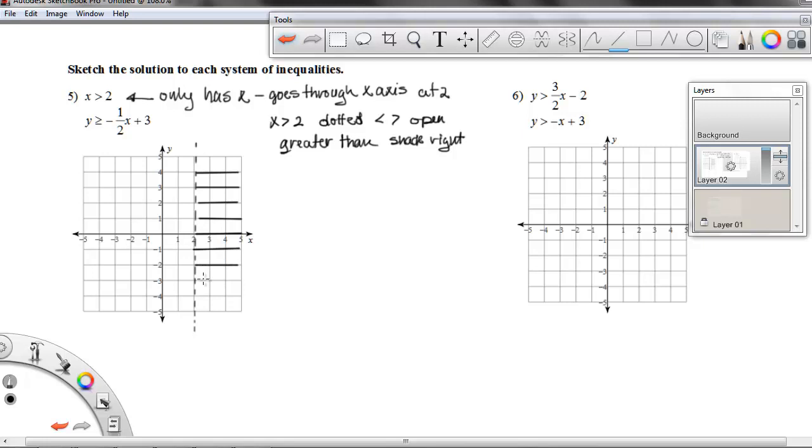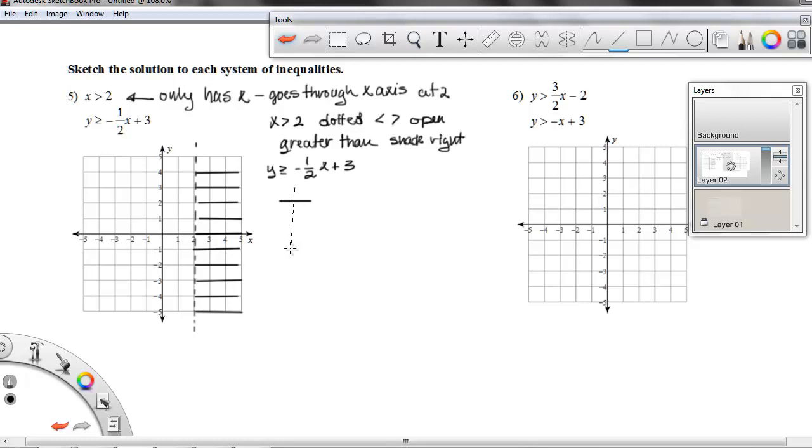And then when we graph our other area, our final area has to be an area that belongs to both graphs, and you'll see that in just a second. Now we'll graph the inequality y is greater than or equal to negative 1/2 x plus 3.